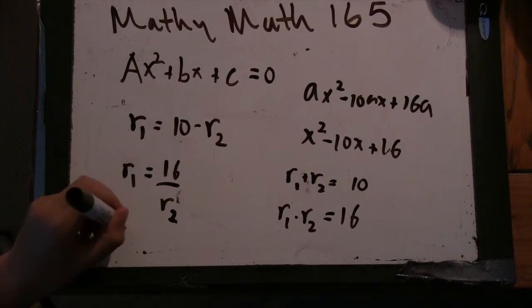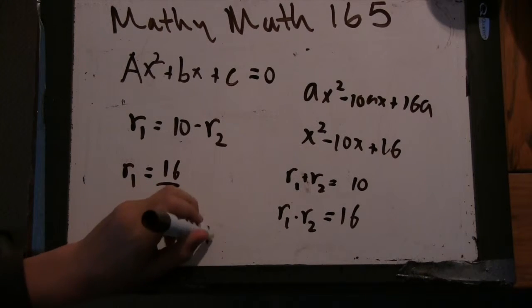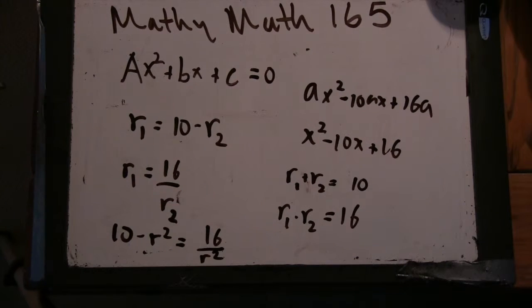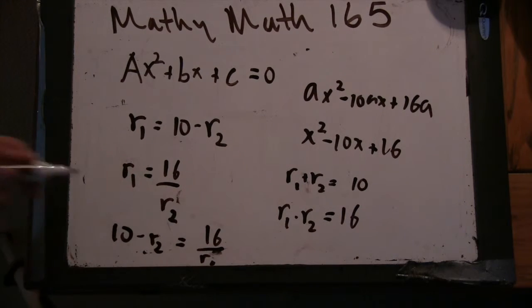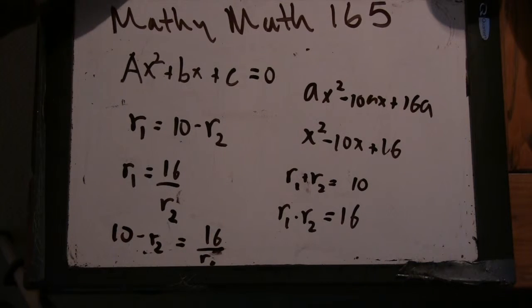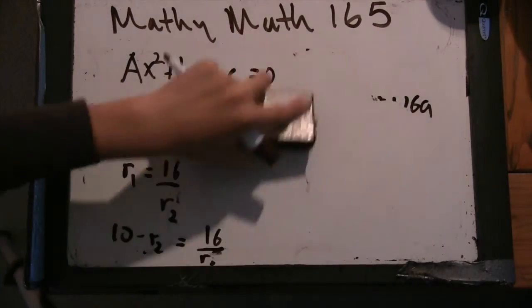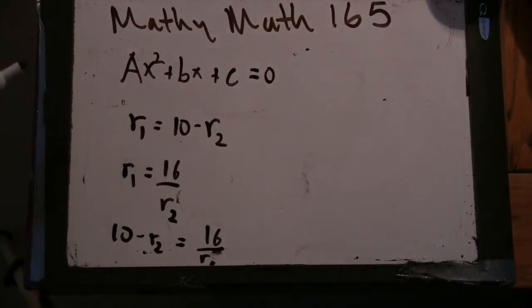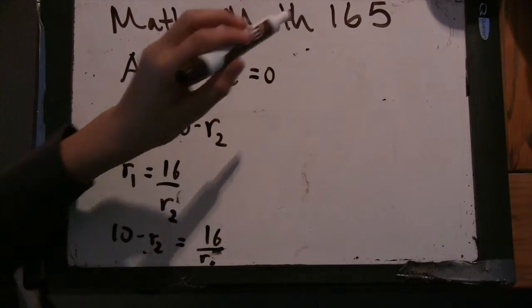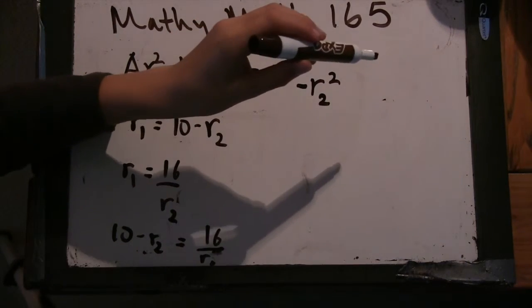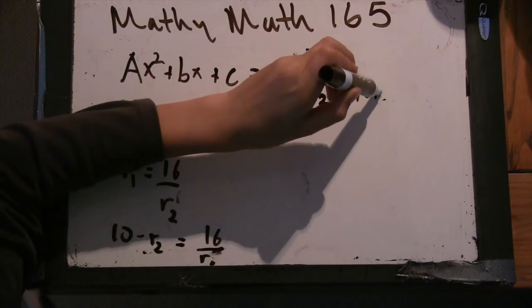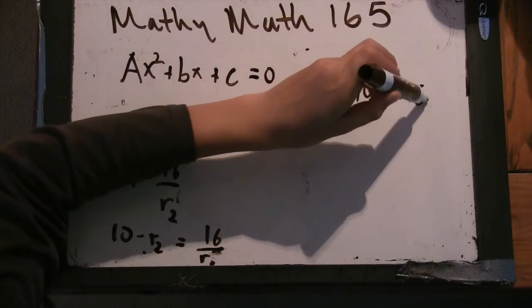So 10 minus r2 equals 16 over r2. So this is going to say that we have minus r2 squared plus 10 r2 equals 16.